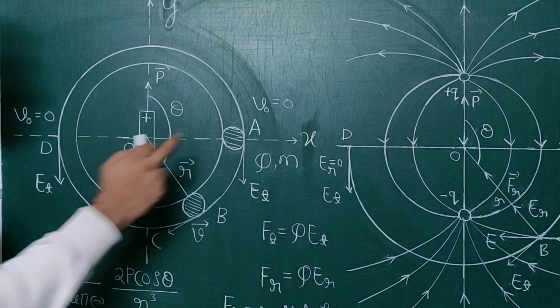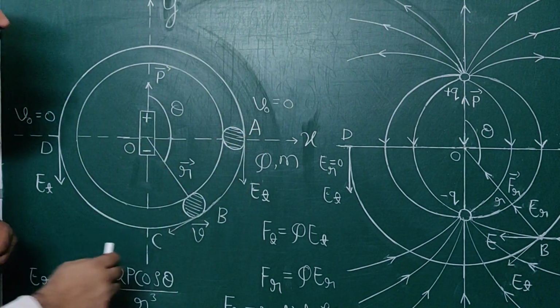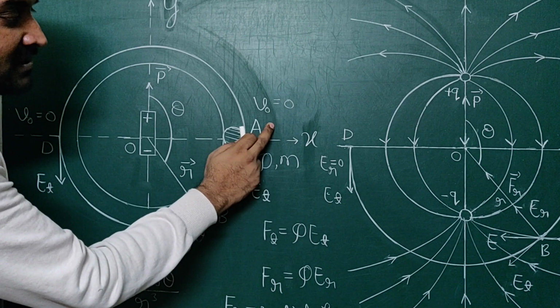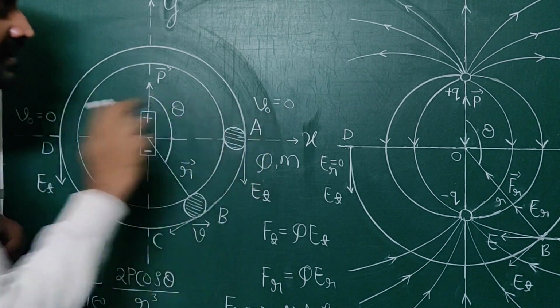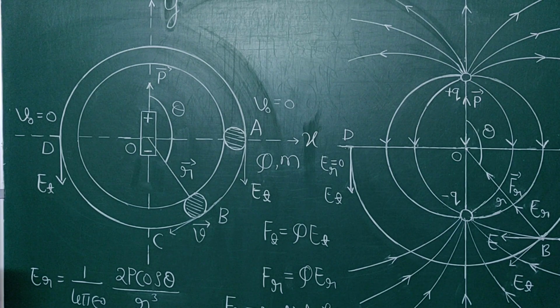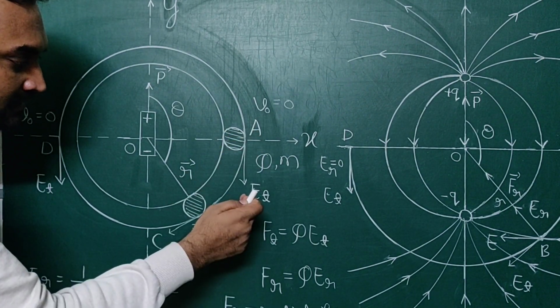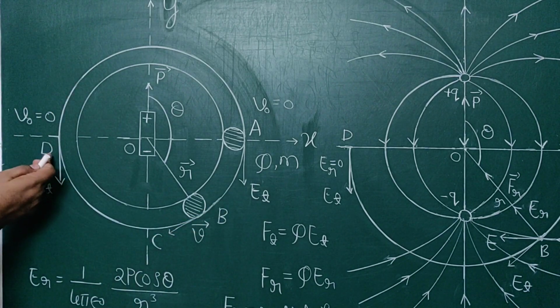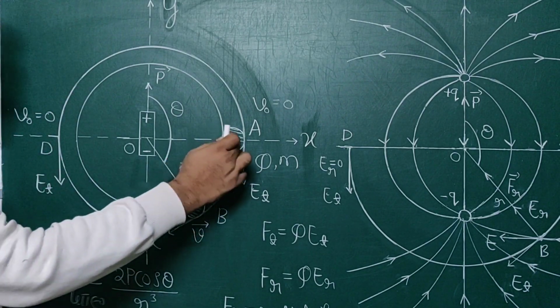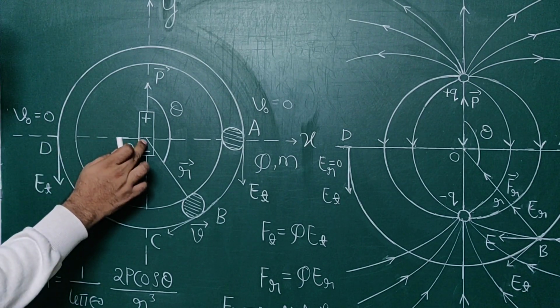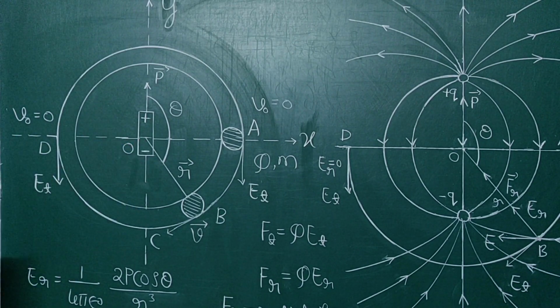Even after reaching the point A, the bead will be momentarily at rest, so that its velocity is 0 at point A. But immediately the bead will start to slide down so as to reach the point D again by covering the same semicircular path around the center of the dipole O.